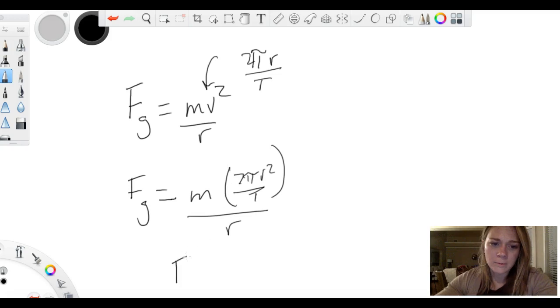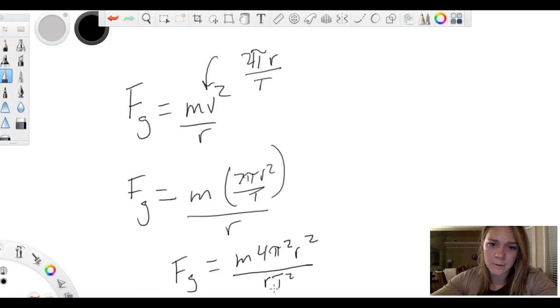And that's going to come down to 4 pi squared r squared over rT squared, and then one of those r's is going to cancel out.